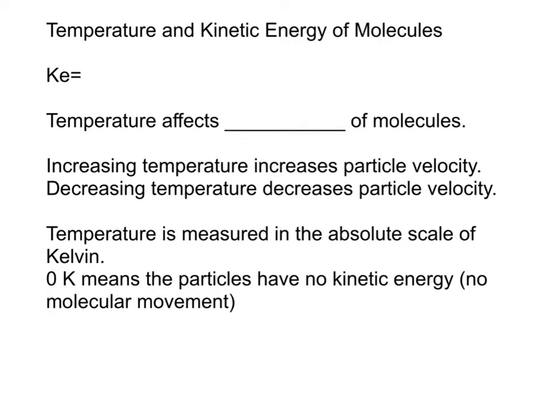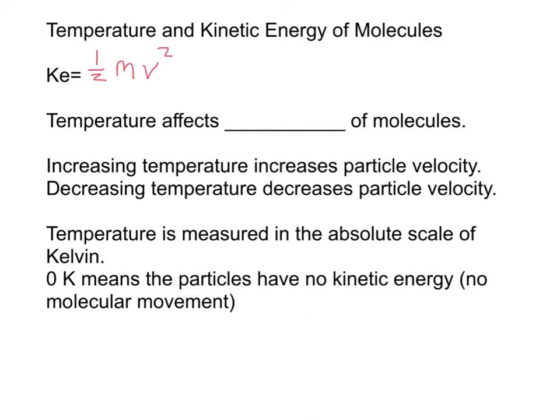So we're going to talk about the temperature and kinetic energy of molecules. In physics, back in your 9th grade year, we learned that kinetic energy was equal to 1/2 the mass times the square of the velocity.